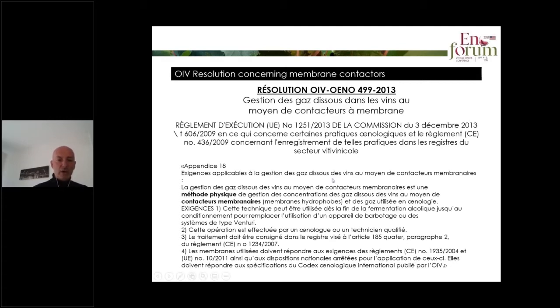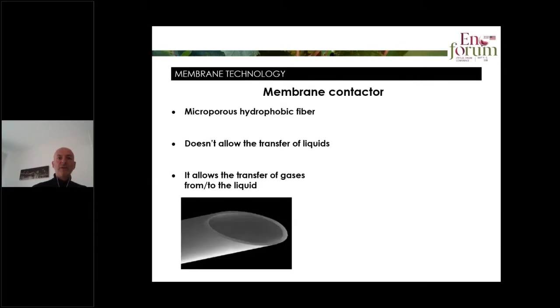I want to highlight here, in bold, that this is a physical method, which means that the wine doesn't have any interaction with the membrane. The only thing accomplished is that we can exchange gases, adding certain gases or eliminating certain gases like oxygen. So membrane contactors, what are they?